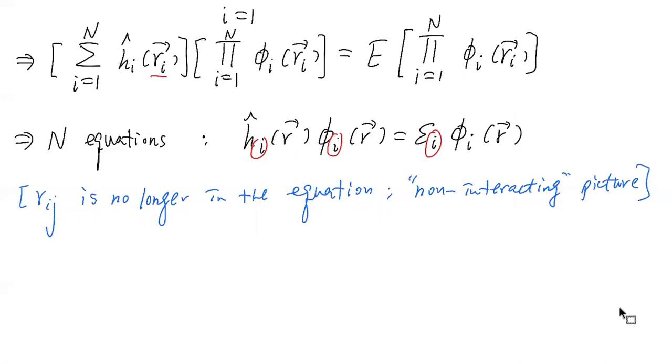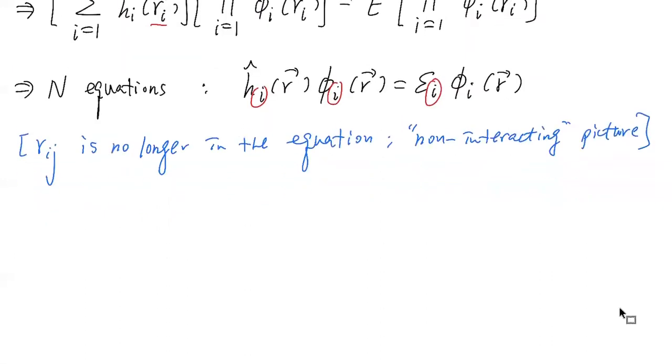But of course, this single particle potential is actually determined by averaging all the other electrons. So non-interacting doesn't mean there is no interaction. You still capture the electron-electron interaction. It's just captured in such a way that it seems there's no interaction, but the physical interaction is captured in this approximation.